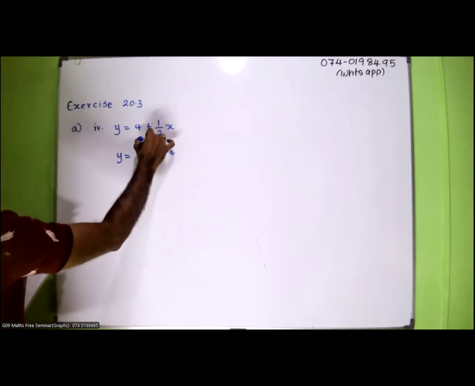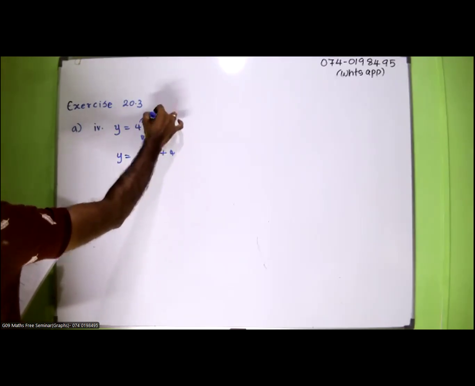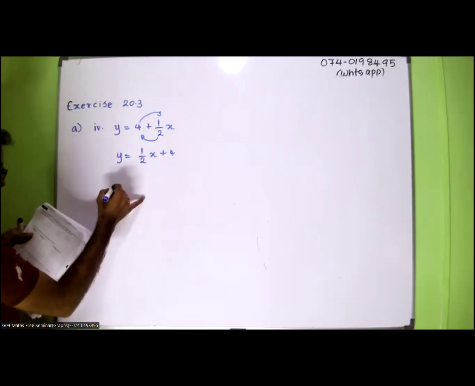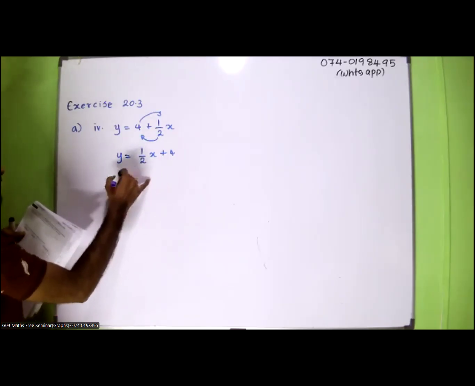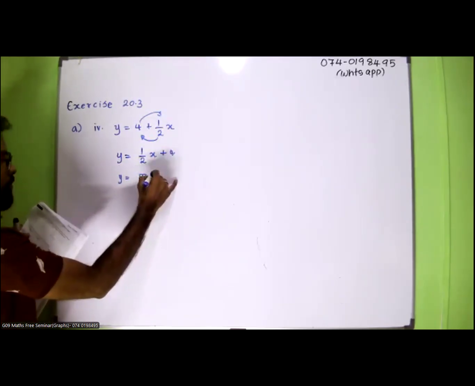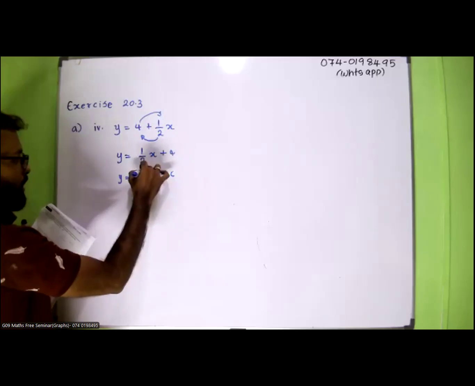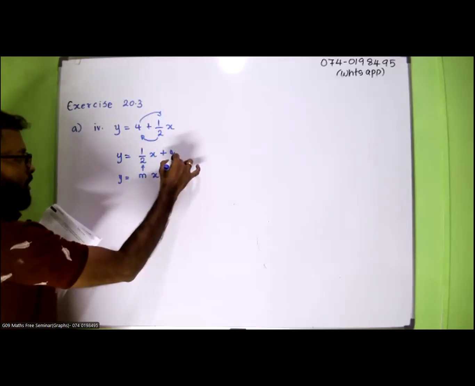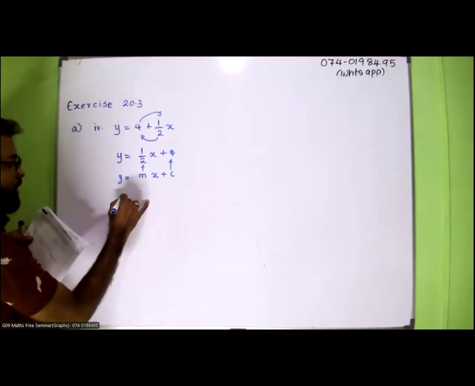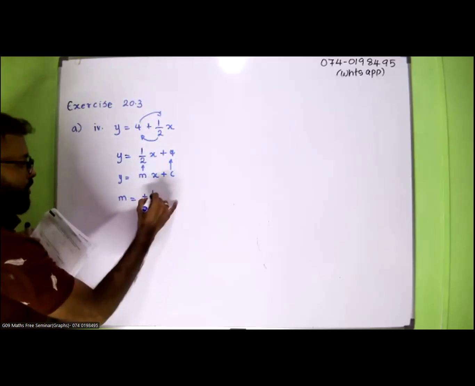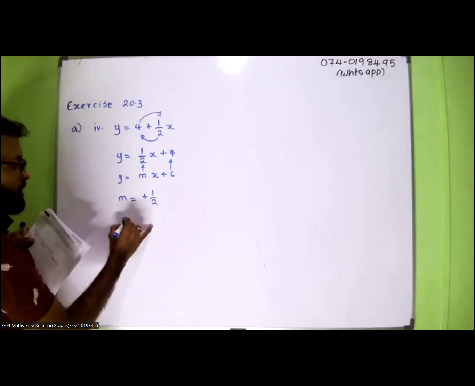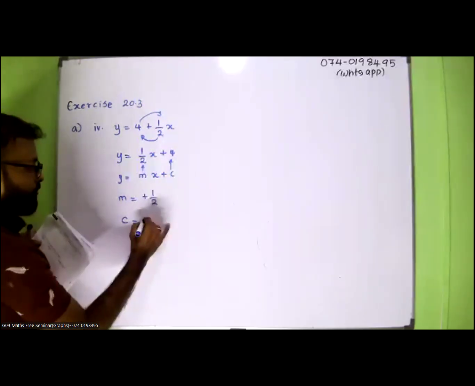I have changed these two terms. So my gradient, in the form y equals mx plus c, is m, which is positive half. My c intercept is positive 4.